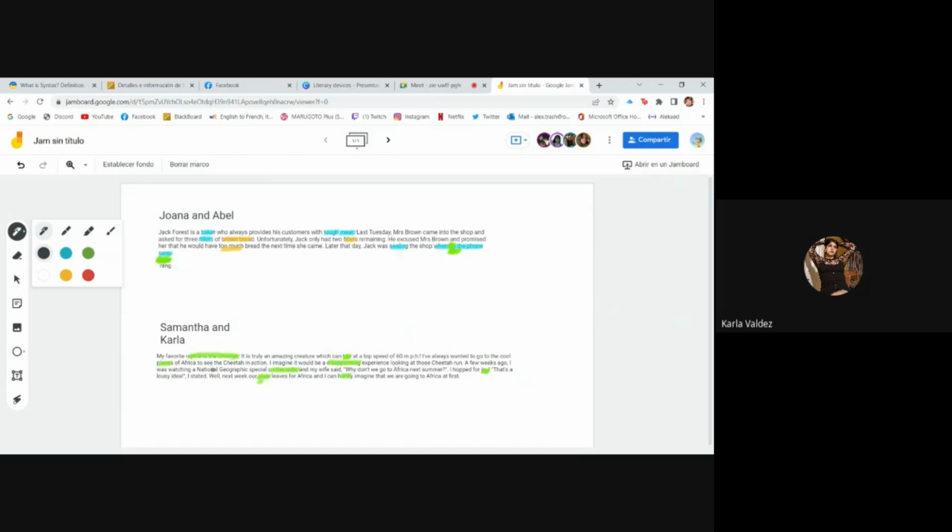Yes, teacher. All right. For example, why did you highlight this sentence? Because it says the cheetah is a reptile, and I think it's not. It's the family of the cats.